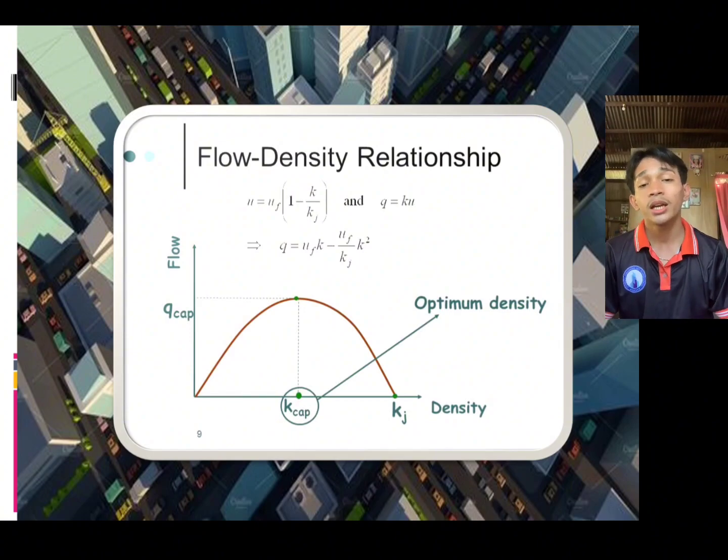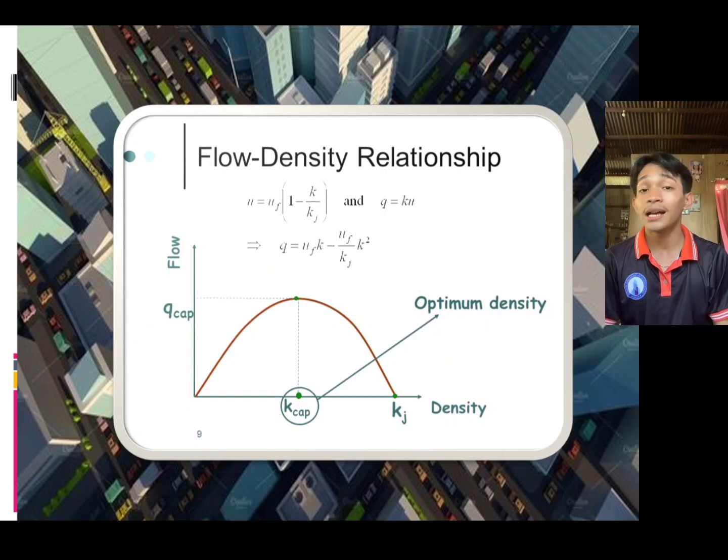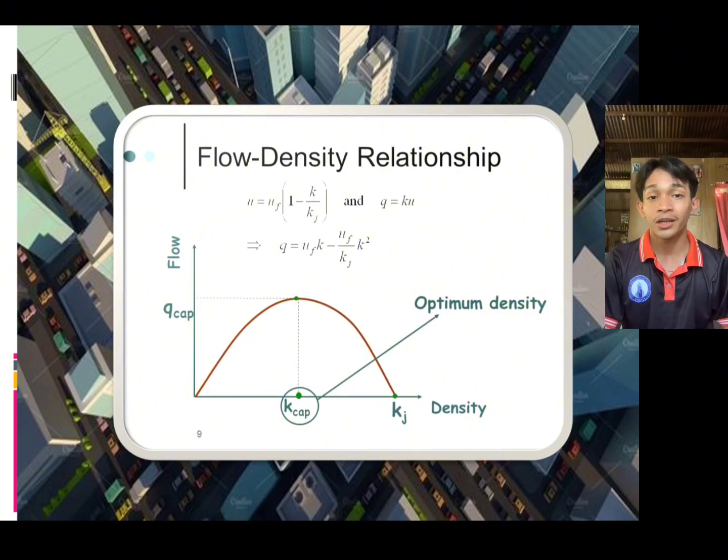It is parabolic because initially the traffic flow increases with the density, but when the maximum point is reached, known as capacity, the traffic flow starts to decrease if the density further increases. It is because of roadway congestion.